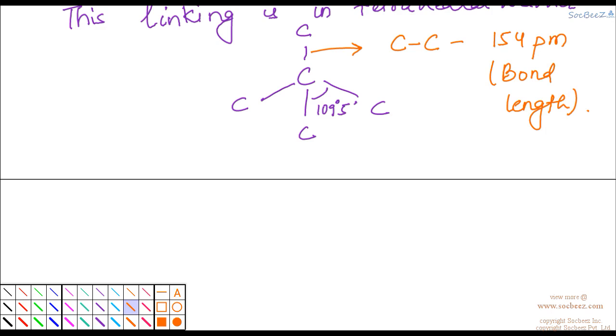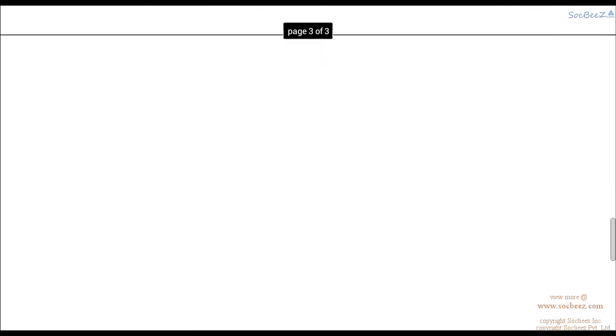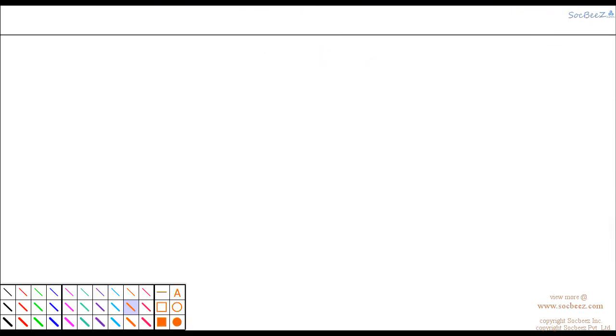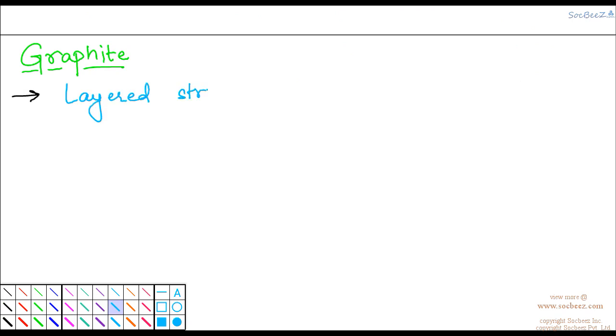Now we would see the next allotropic form of carbon, that is again the lead in the pencil which you use, the graphite. Graphite has a layered structure.